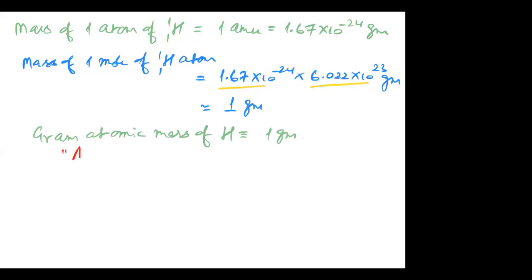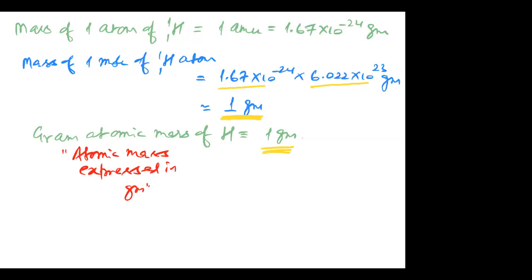So gram atomic mass of hydrogen is, let's say, 1 gram. Atomic mass expressed in gram is gram atomic mass and comes out to be 1 gram. So if you see the basic comparison here, it is also 1 gram. It is the same amount.